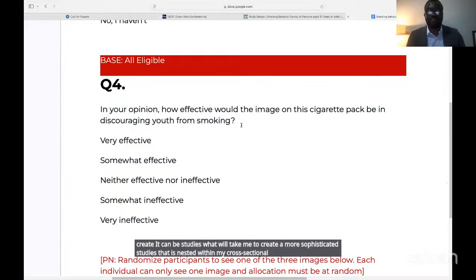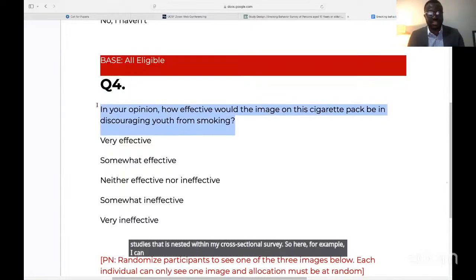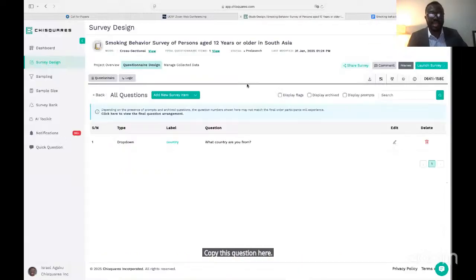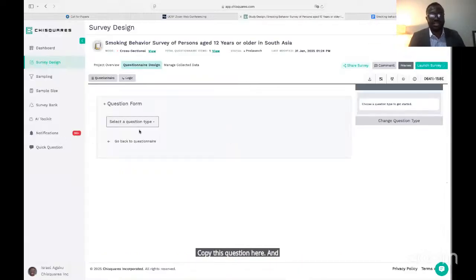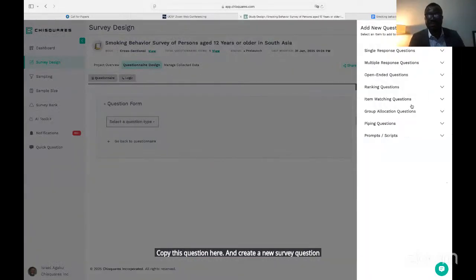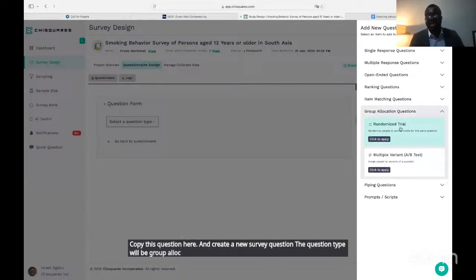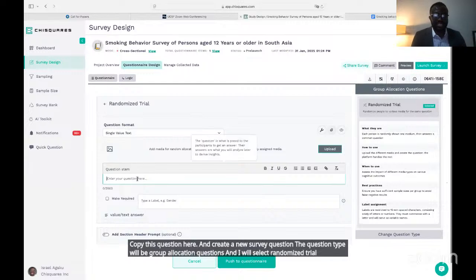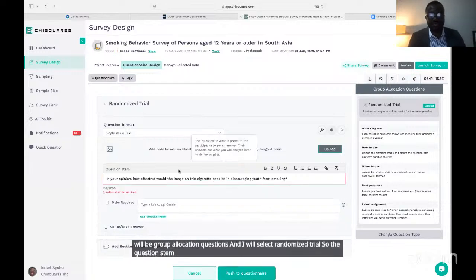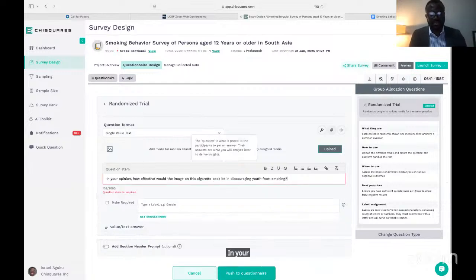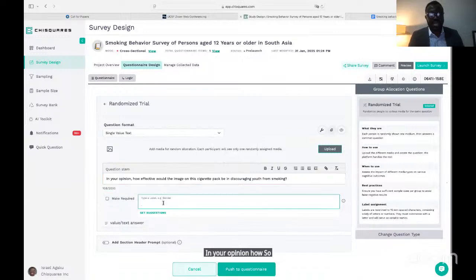So here, for example, I can copy this question and create a new survey question. The question type will be group allocation questions, and I will select randomized trial. So the question stem was this: in your opinion, how effective... So that was the question.